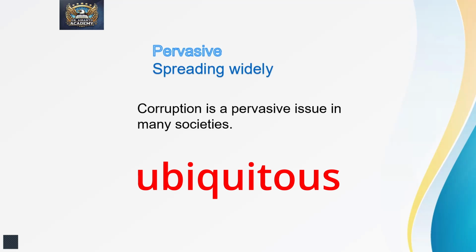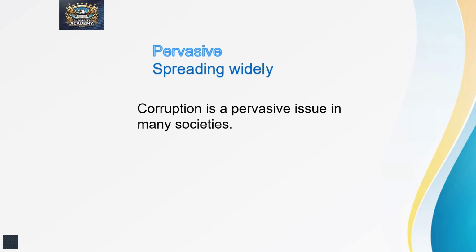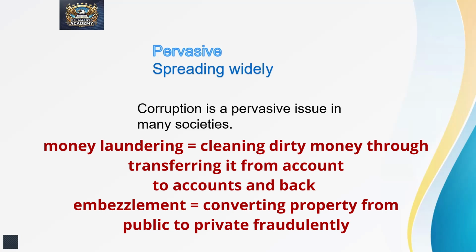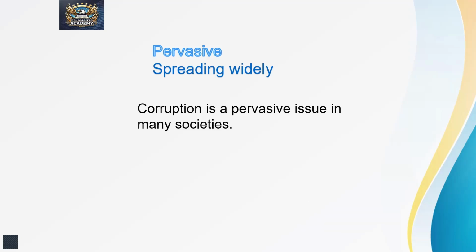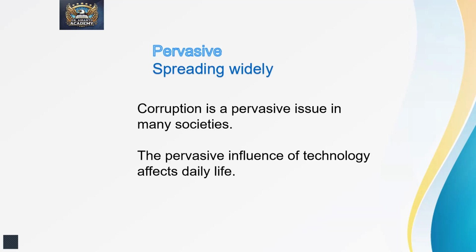Corruption is like financial corruption, like money laundering, like embezzlement, like breaking the laws and regulations. These kinds of things are corruption in society. Some corrupted societies, bad society. So corruption is a pervasive issue in many societies these days.